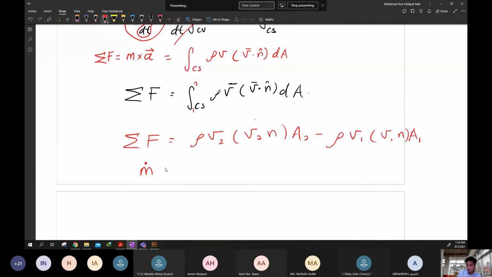We know that the mass flow rate ṁ is equal to ρAV.